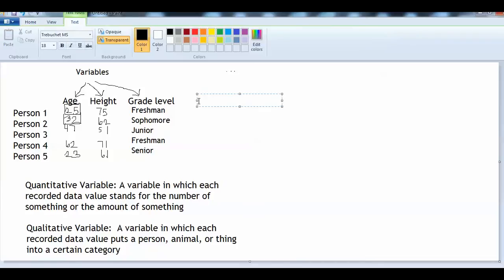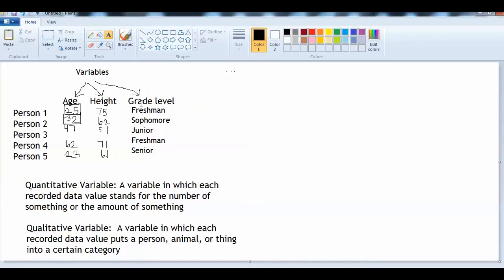What if we were recording grade level? When you think about grade level, each person's data value is actually a category. It's not actually a number of something. So this would be qualitative.